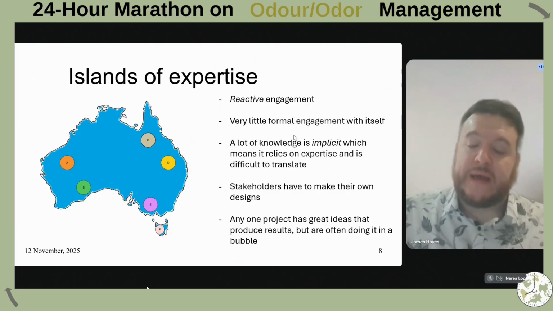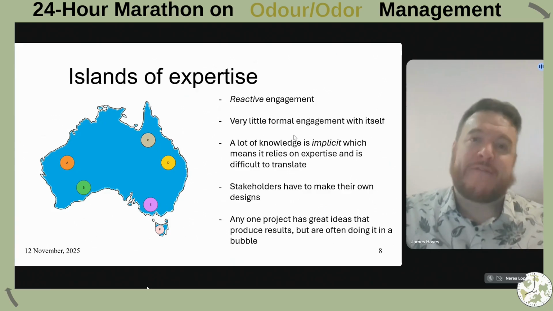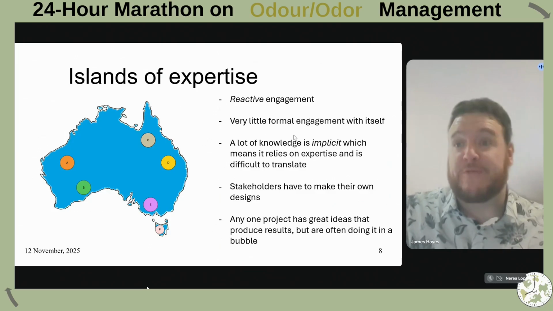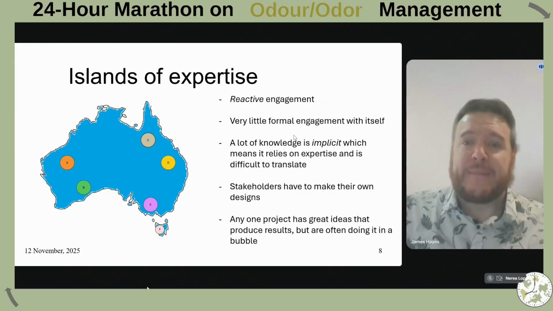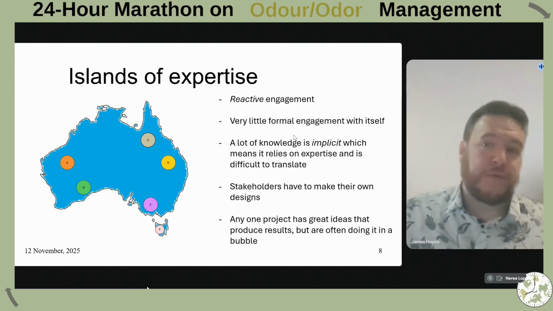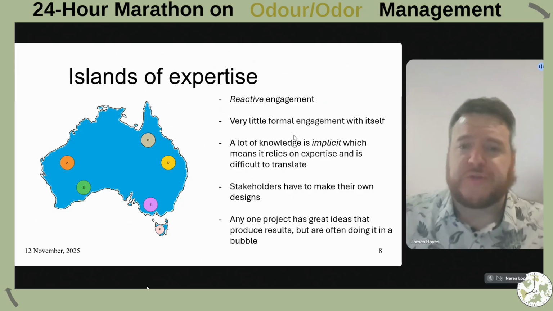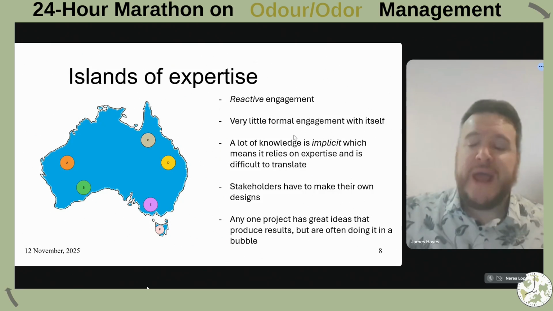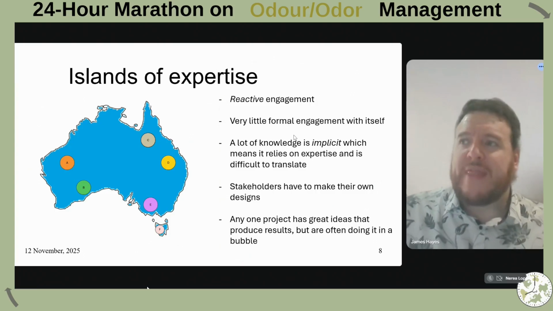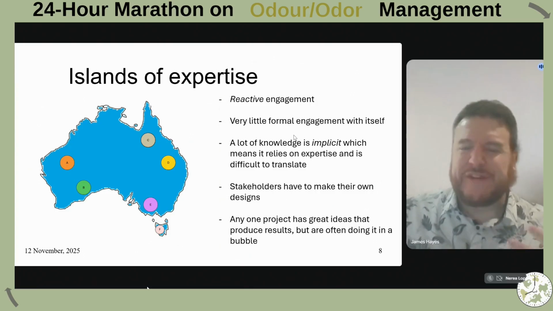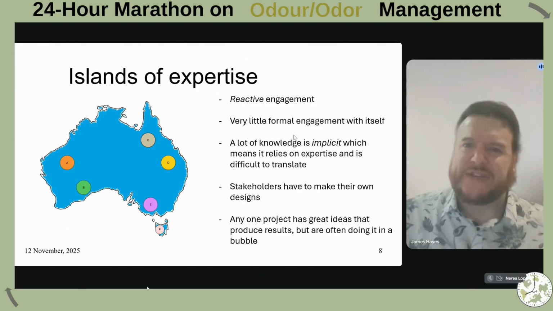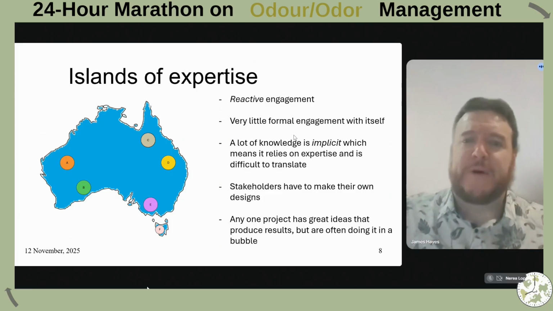There's a reason why within the water industry, within community engagement spaces, you have a great deal of value placed upon people who have been there for a very long time, rather than people who come straight out of school or university or whatever it might be. And that is because the knowledge is developed not through any formalized structure, but through their own experiences. And that's a really hard thing to take away and translate into broader application possibilities.